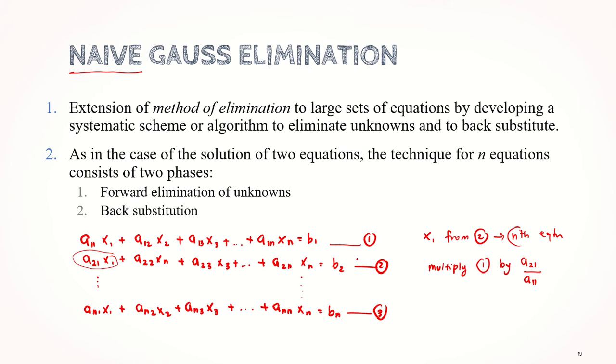The reason is that we wanted to get the value of a21 for x1 here for the first set of equations.